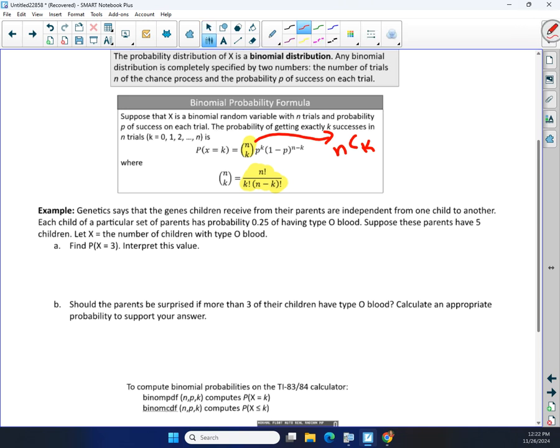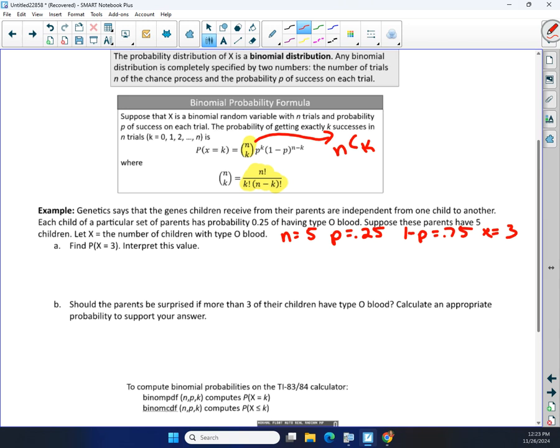So here's what we need to substitute into that formula. n is 5, p is 0.25, so 1 minus p is 0.75, and k, or X in this case, is 3.